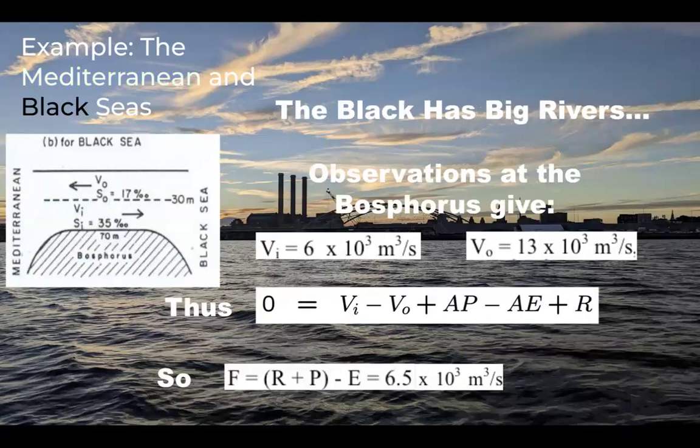So at the Bosphorus near Istanbul, there's salty water going in, fresh water going out, a lot fresher than saltier. And so this one is 10 to the 3, or maybe 10 to the 4 if you include that one. And the fresh water is also 10 to the 3. They're all the same size. So in the Black Sea, the fresh water from the rivers basically just goes out.